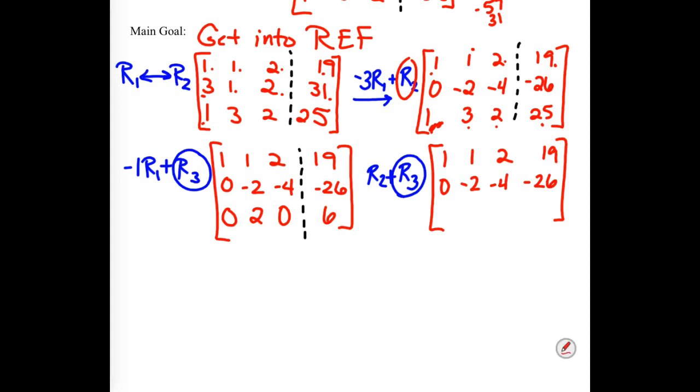All right, so row 2 plus row 3, 0 plus 0, negative 2 plus 2, negative 4 plus 0, negative 26 plus 6.